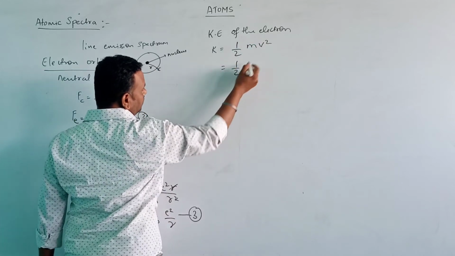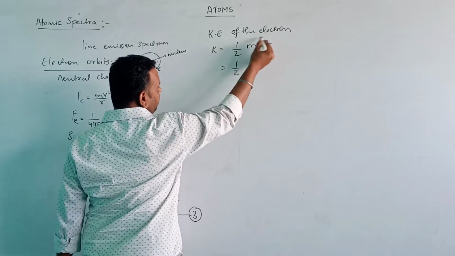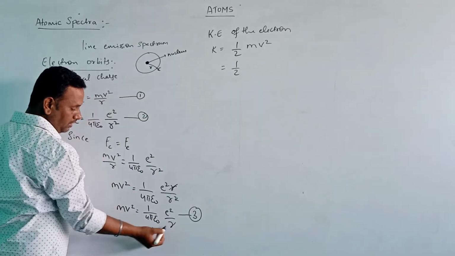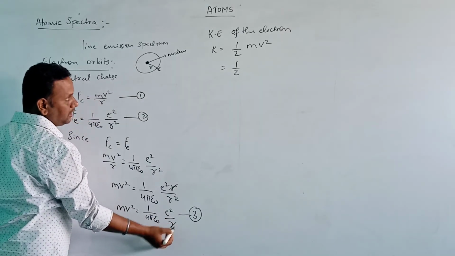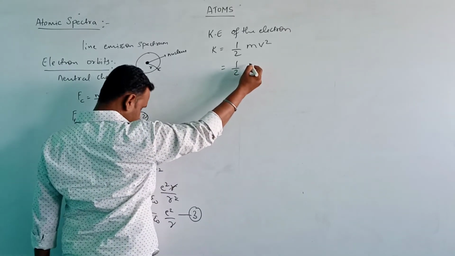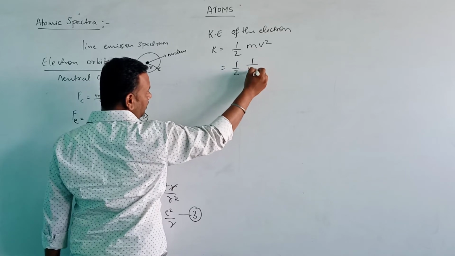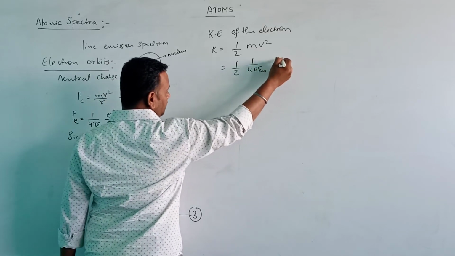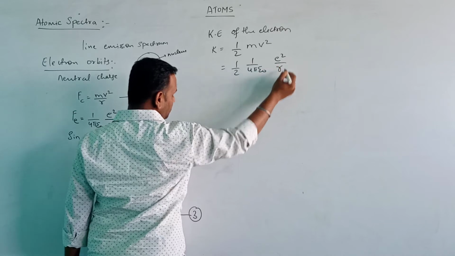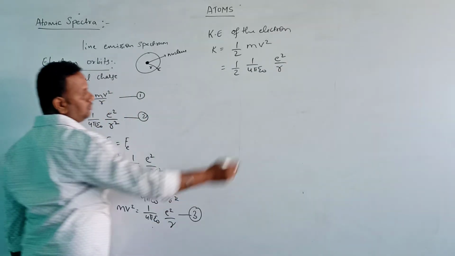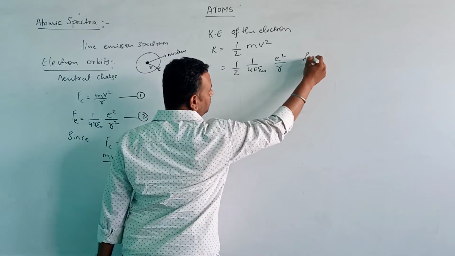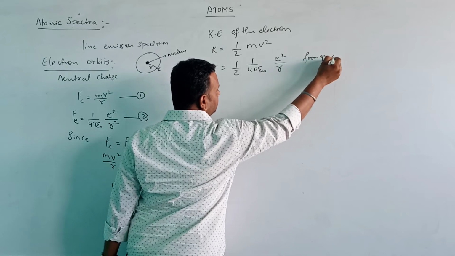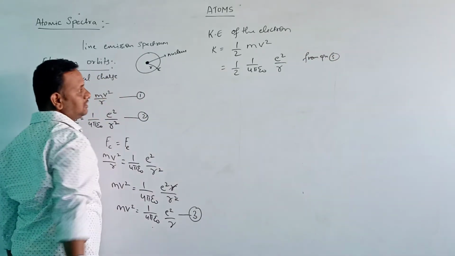Here I can replace mv square with 1 by 4 pi epsilon naught e square divided by r, from equation 3.